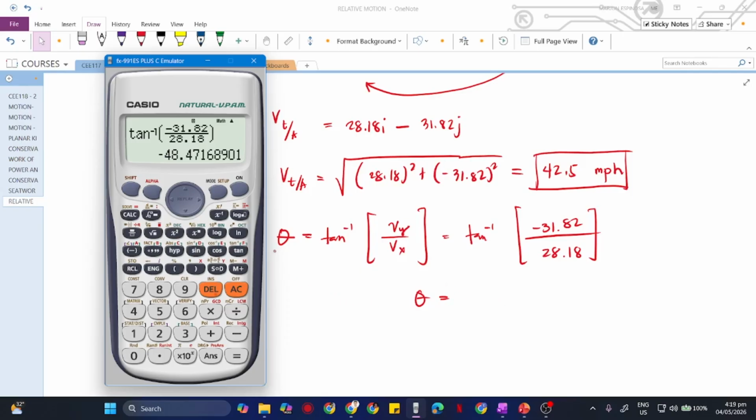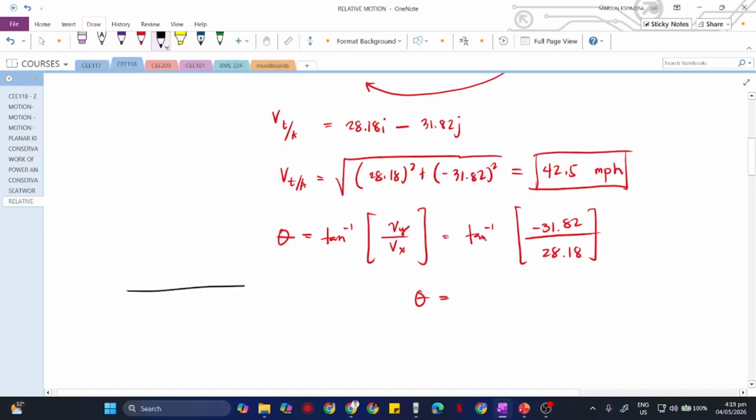So, what does it mean? Okay, say for example we have a reference line here. If we move from positive going here, counterclockwise, that is a positive direction. But if the angle is negative, meaning it is in the clockwise direction.